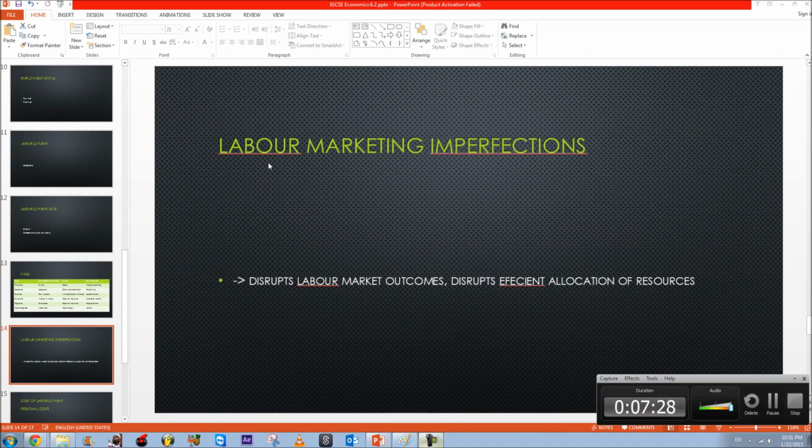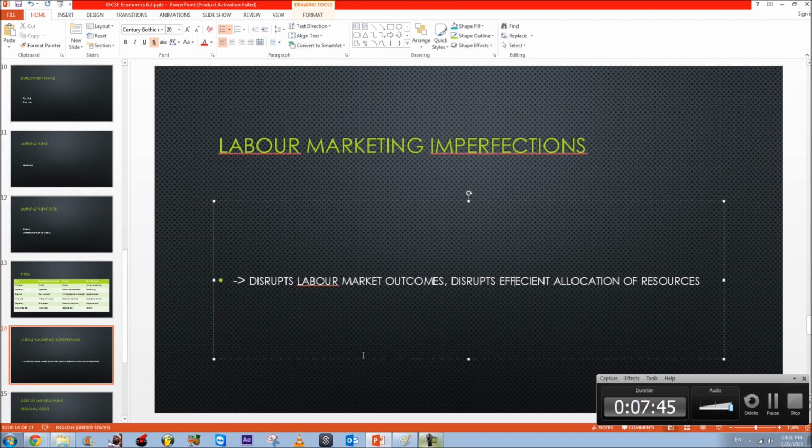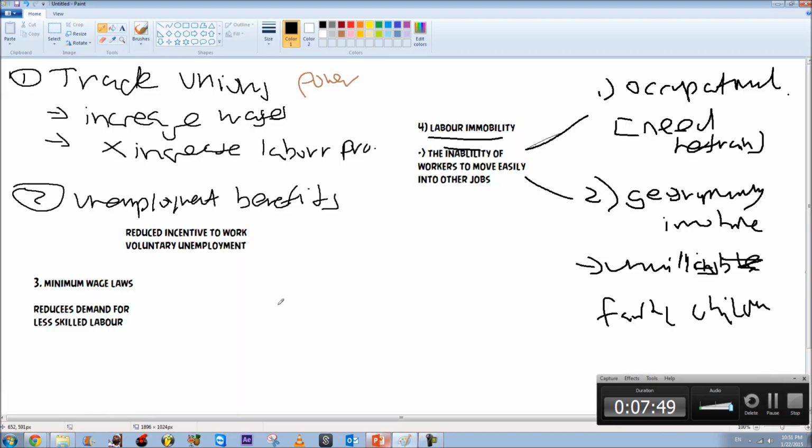So we'll get to labor market imperfections, and this is when it disrupts labor market outcomes, or it disrupts efficient allocation of resources. So there are four main points of labor market imperfections.